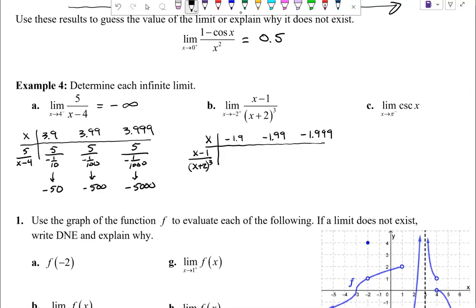Now, when we plug these values into the numerator, we're getting numbers that are very close to negative 3. So let's just think close to negative 3 in the numerator.